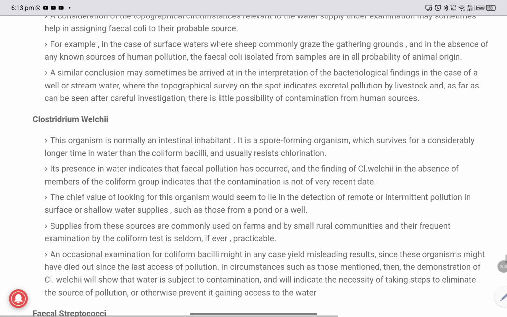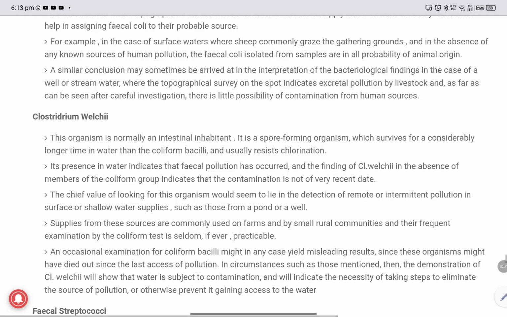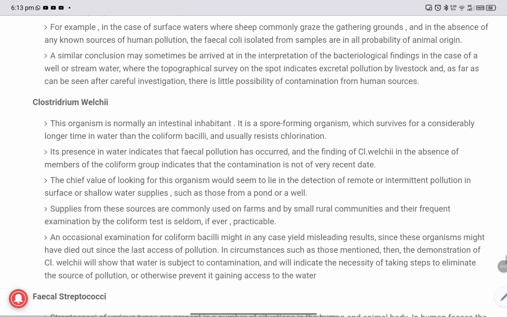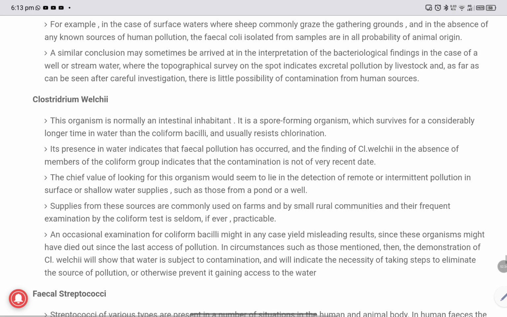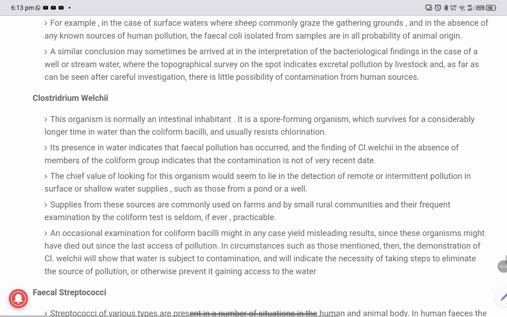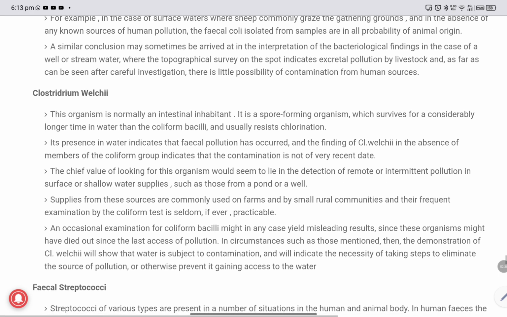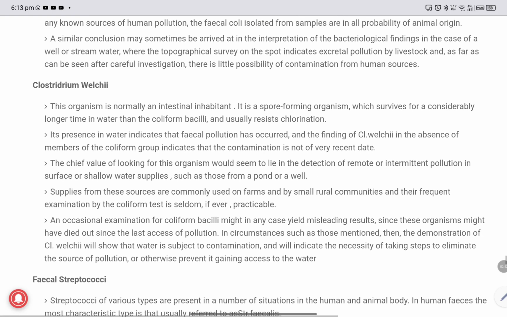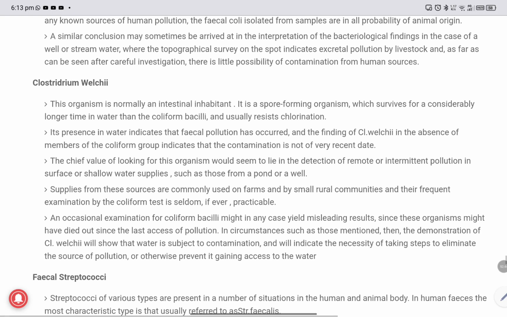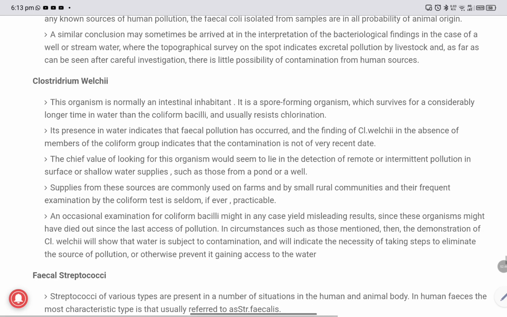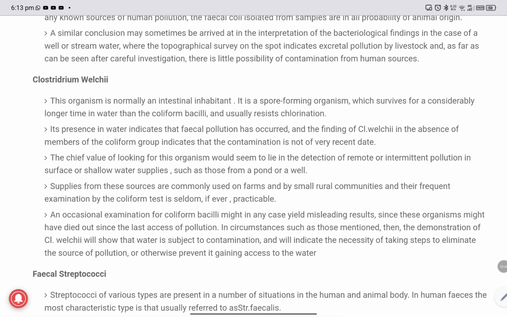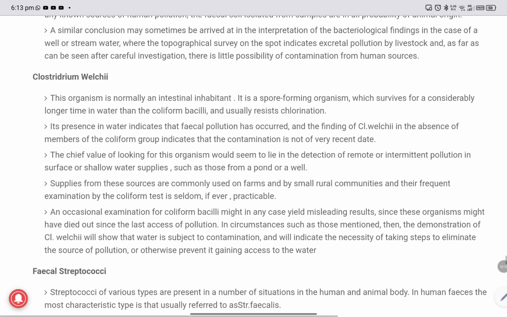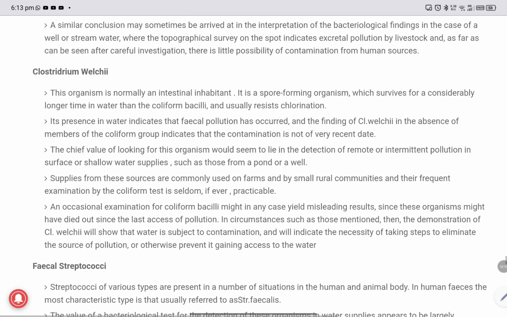A similar conclusion may sometimes be arrived at in the interpretation of the bacteriological findings in the case of a well or stream water where the topographical survey on the spot indicates excretal pollution by livestock, and as far as can be seen after careful investigation, there is little possibility of contamination from human sources. Clostridium welchii.